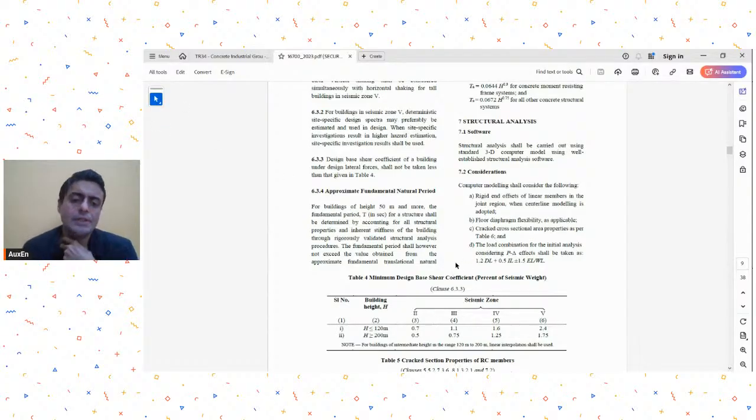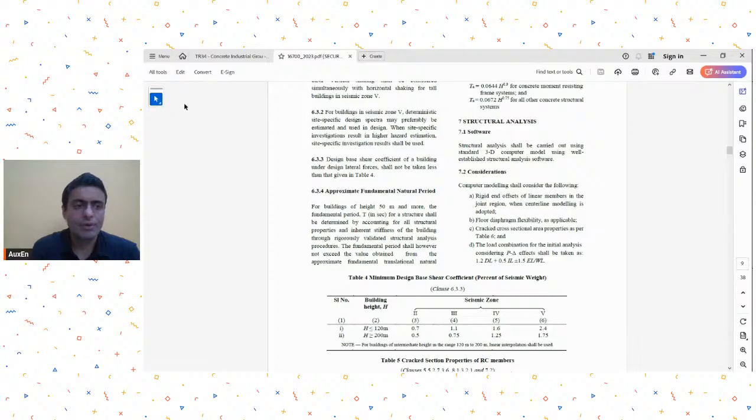ASCE 7 says that whichever load combination has dead loads, live loads and lateral loads combining together, you pick that load combination. So that's why this 1.2 dead load factor has been mentioned.